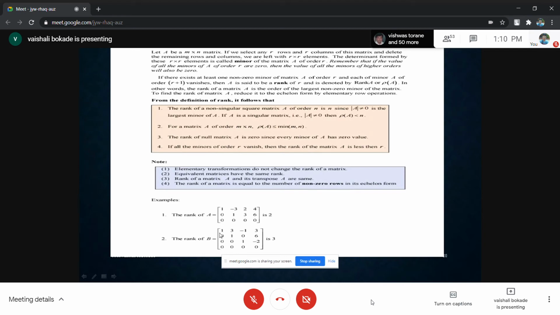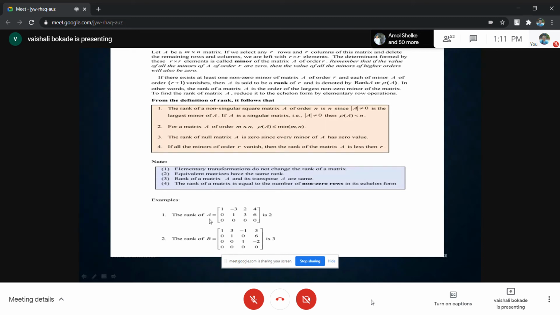Concentrate on my arrow, which I'm moving for this matrix B. The 1st place element is 1, the 2nd place element is 1, the 3rd place element is 1. Below that, in all the columns, the entries are 0. So the diagonal entries should be 1 or 0, and below that all entries should be 0.